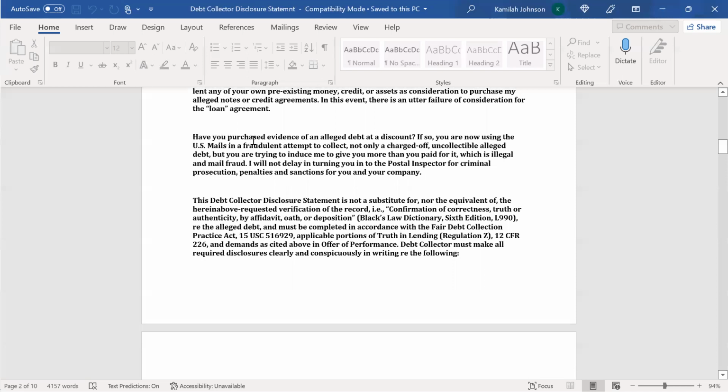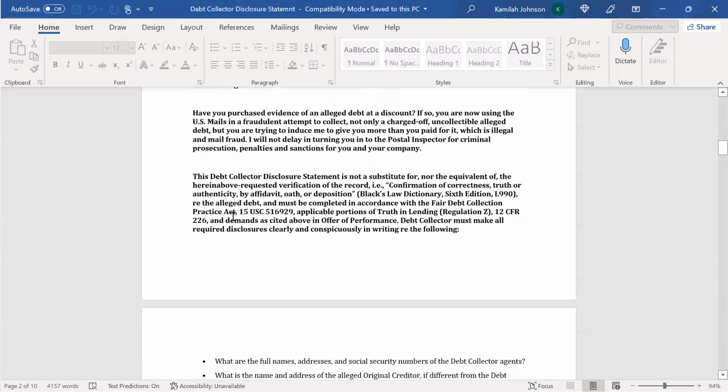Okay. Have you purchased evidence of an alleged debt at a discount? If so, you are now using the U.S. mails in a fraudulent attempt to collect not only a charged off, uncollectible and alleged debt, but you are trying to induce me to give you more than you paid for it, which is illegal in mail fraud. I will not delay in turning you in to the postal inspector for criminal prosecution, penalties and sanctions for you and your company.